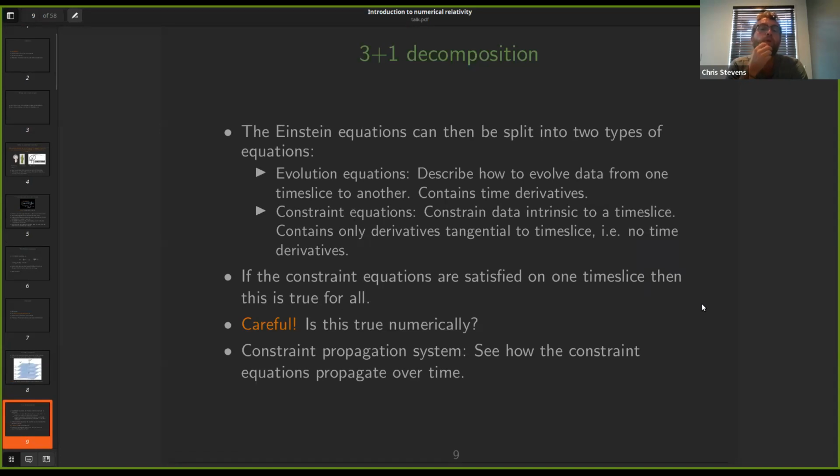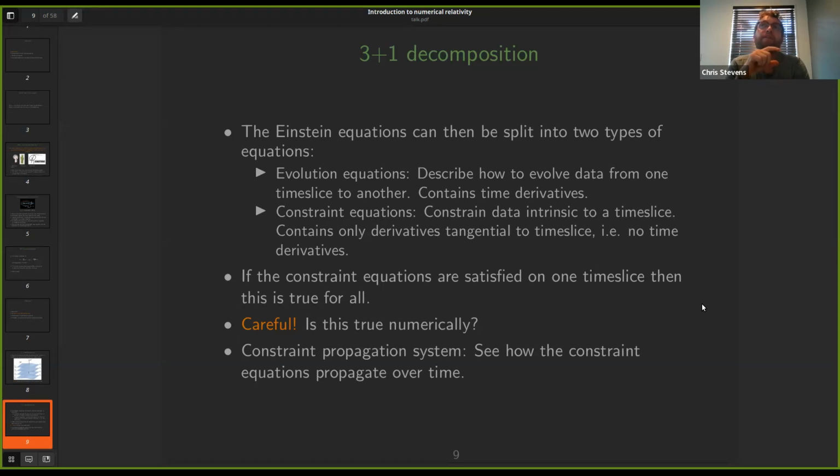So what does this thinking do to the equations? Well, it ends up giving us two types of equations. The first one is, well, suppose that we fix a time. I should have written these down the other way. I spent most of my week working out how to do the labs.